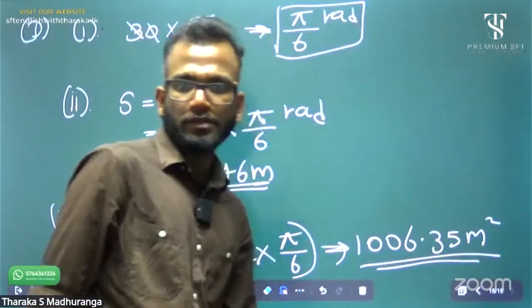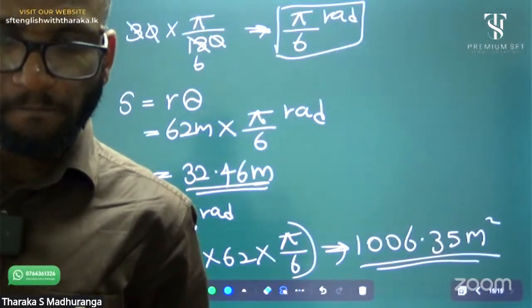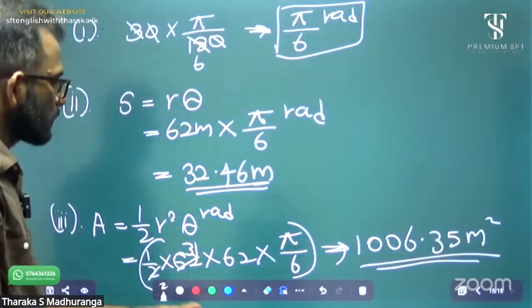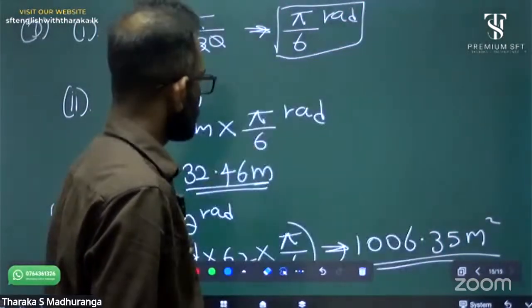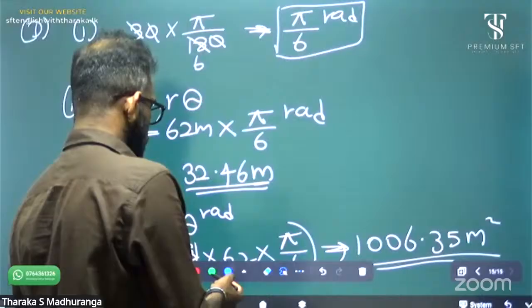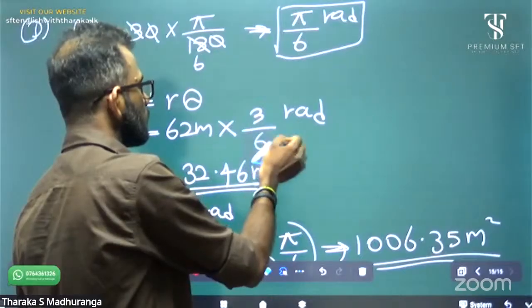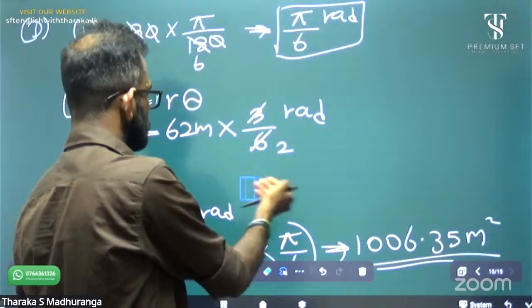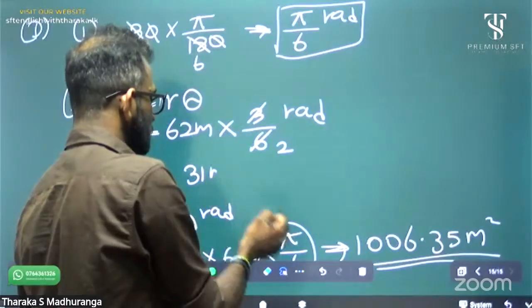They are very, very simple. If you know the equations, you can do it. The pi value is 3, sorry. The previous one also had pi value 3, no? Yes, that's why we got pi value 3. Then it cancels. 62 divided by 2 is 31 meters.